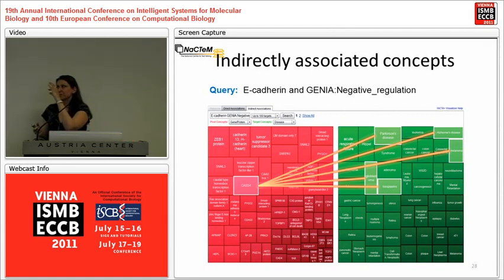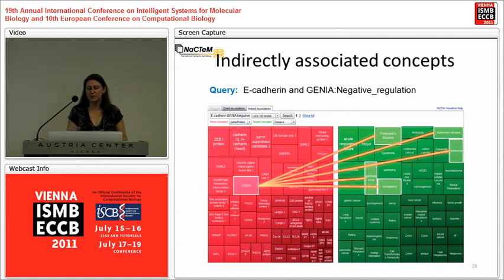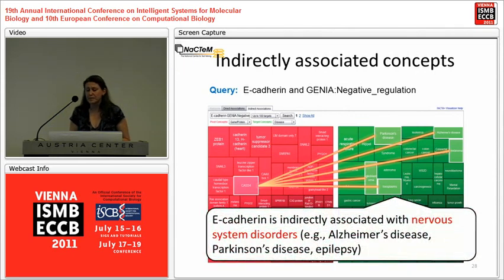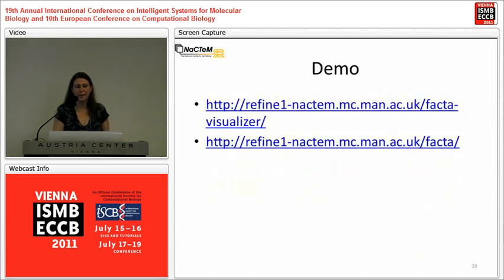The different types of relation links depend on how important the score is. If you have a thin line, the depth of the line depends on the types of associations, whether it's important or not. So in this case, you can see immediately that this specific E-cadherin is indirectly associated with nervous system disorders, for instance Alzheimer's disease, Parkinson's disease, and epilepsy.